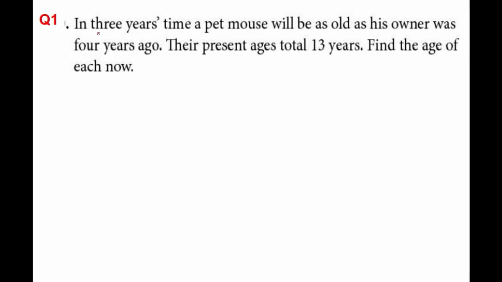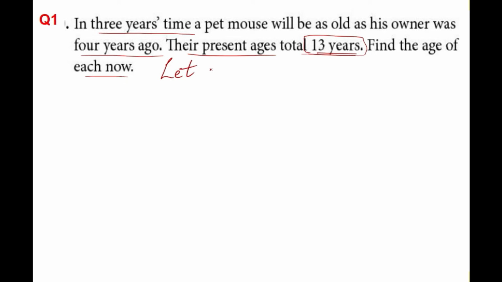Question 1. In 3 years' time, a pet mouse will be as old as its owner was 4 years ago. Their present ages total to 13. Find the age of each now. As you read, you can see that their present ages total to 13 and you don't know what their present ages are. So you start from there.